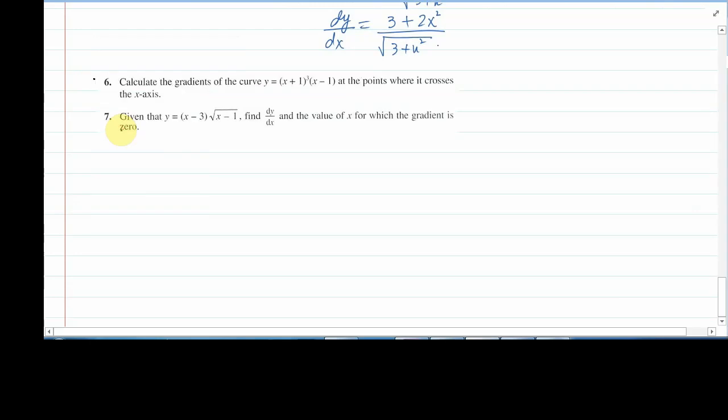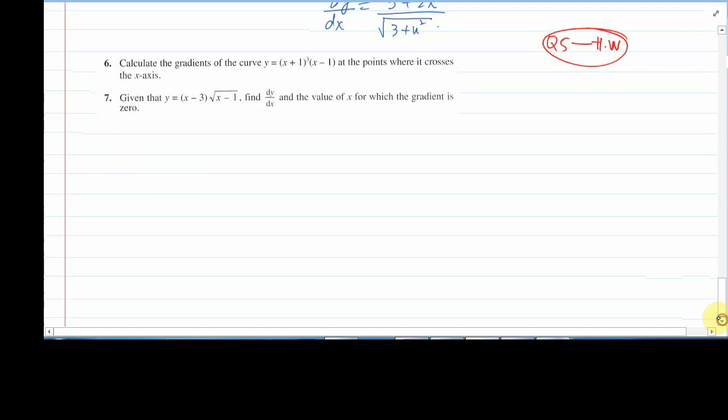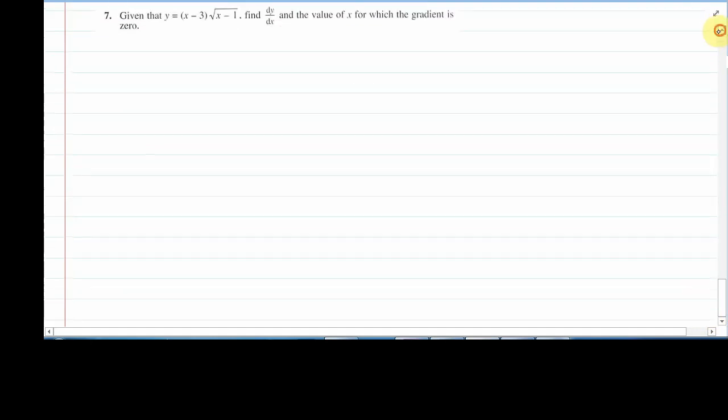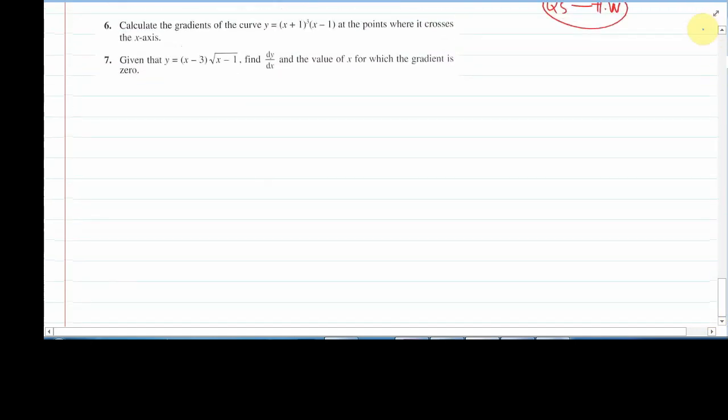Question number 6 and question number 7, you need to attempt question number 5 as your homework, right? Now first we start question number 6. All questions are quite easy, so not to worry about. Question number 6. Calculate the gradient. By gradient we mean that it's dy by dx, right?